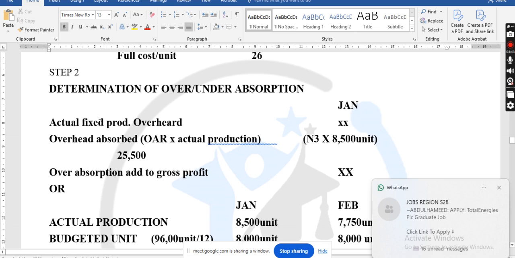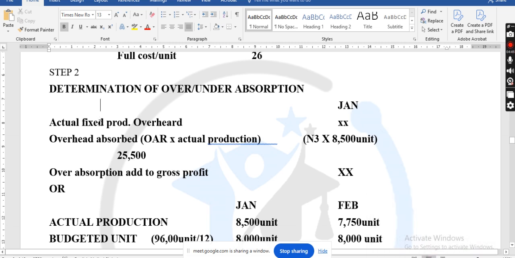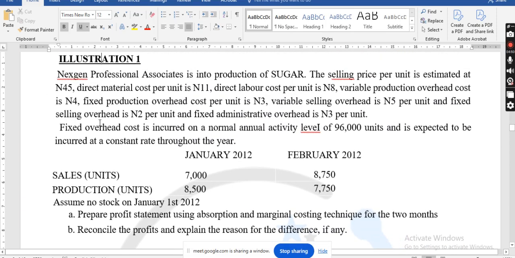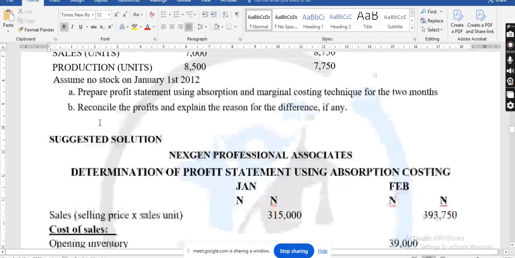But the actual fixed production overhead incurred is not given in this question. Ideally, you're supposed to be given the actual fixed production overhead. So if that is the case, for you to get your over and under absorption, let's change the format.